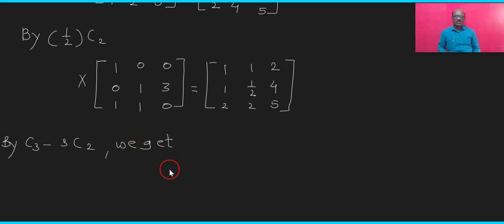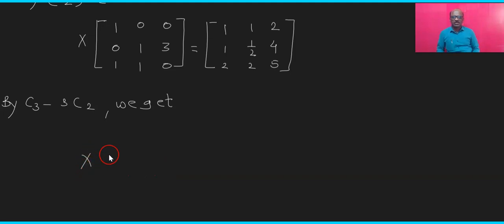Therefore in X the first column is as it is, 1, 0, 1, the second column 0, 1, 1, and with C3 minus 3 times C2 here you will get 0, 0, minus 3.